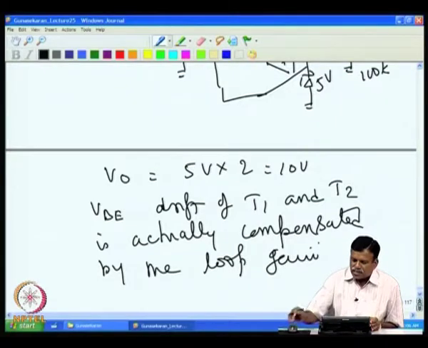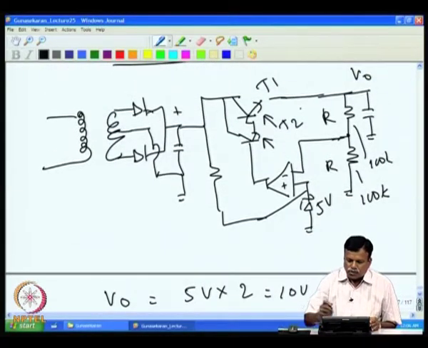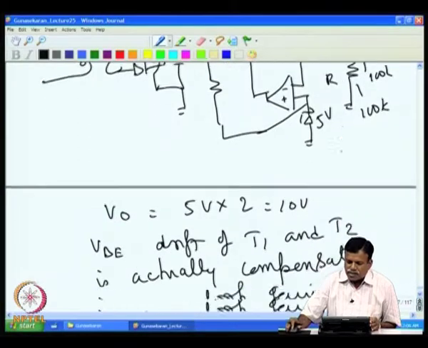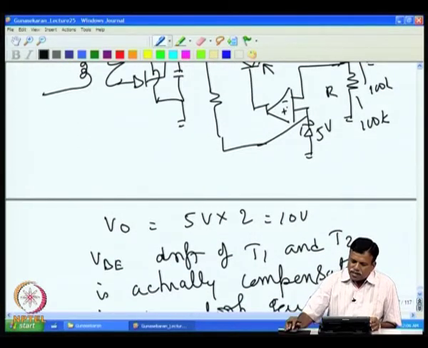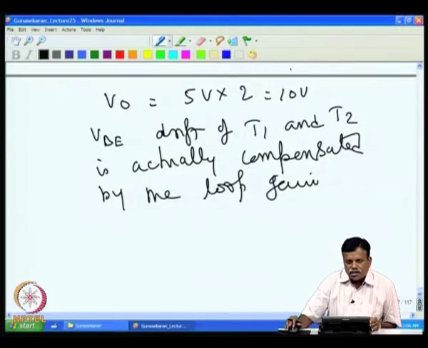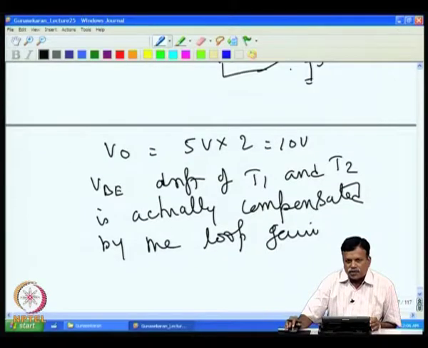The loop gain in this case is actually the open loop gain of the op amp divided by 2. So, since the loop gain is very large, the drift of T1 and T2 has negligible effect on the circuit, because this is the closed loop, whereas the offset voltage drift of the op amp will directly affect the output.